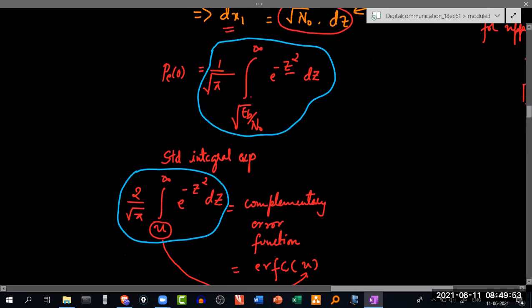Now here if I compare these two, what is that additional thing I'm having in this standard integral? Can I have some quick answers in the chat? All I want you to do is compare these two expressions. Can anybody tell me what extra thing I am having in this standard integral expression? 2.